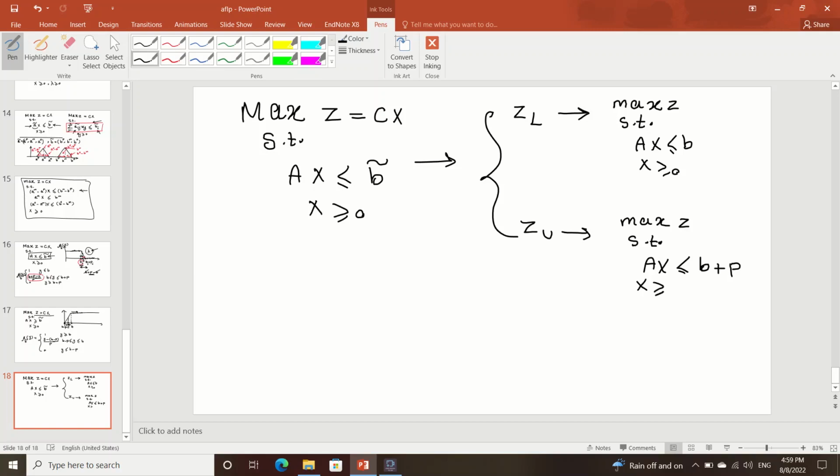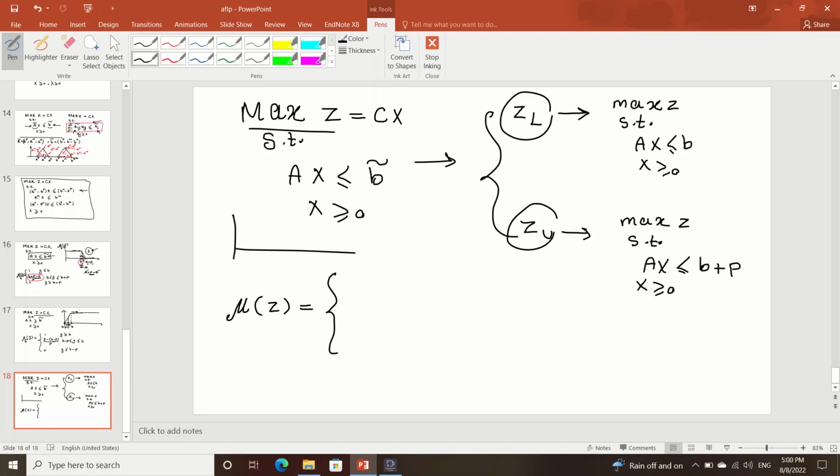Then we can rewrite the membership function for the objective function also. According to the maximum objective function, we are using this structure: Z upper, Z lower, and the distance between Z upper and Z lower.